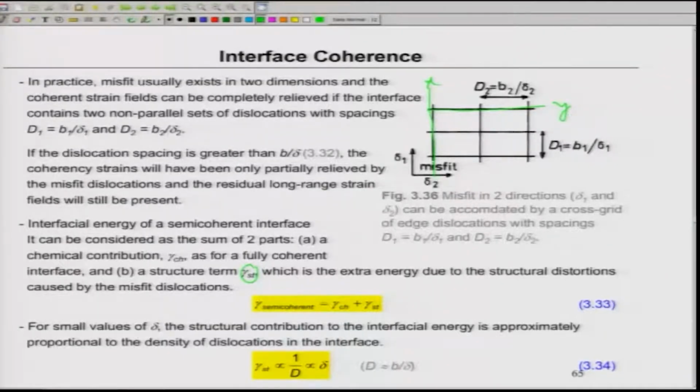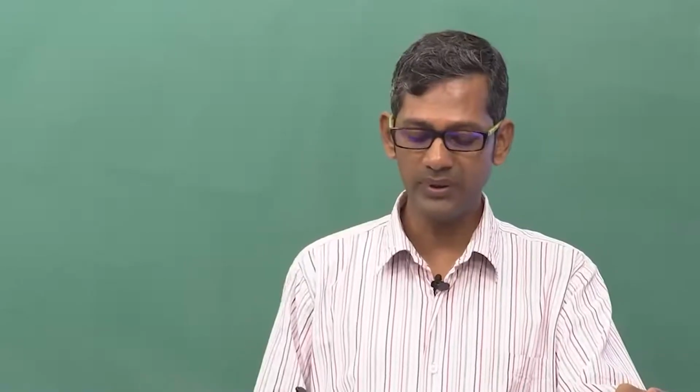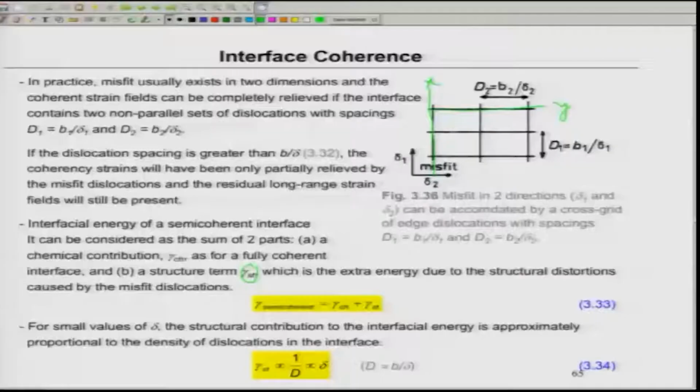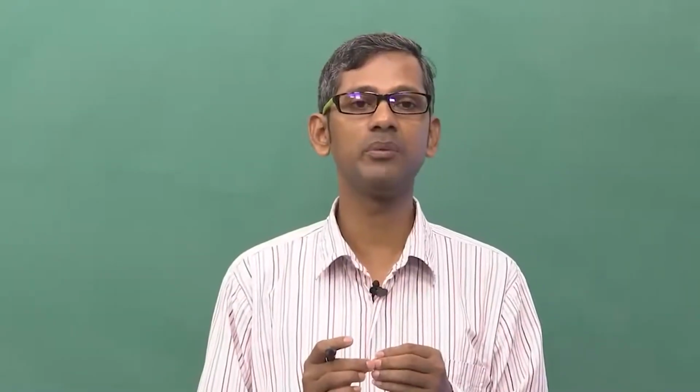Therefore, I have written here gamma st, the structural part, is proportional to 1 by d, where d is the distance between two dislocations. So it is proportional to delta, because d is equal to b by delta. Therefore, the more the distortion, the more the structural part. That is clear, because delta is the misfit. The more the difference between the interplanar spacing of alpha and beta, the more dislocations are required.